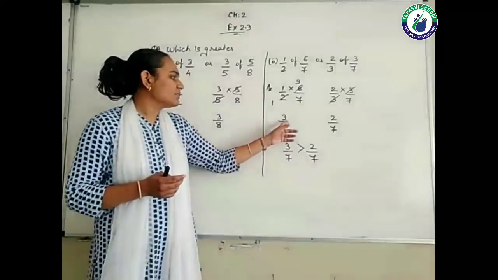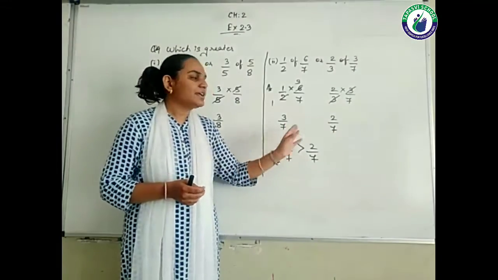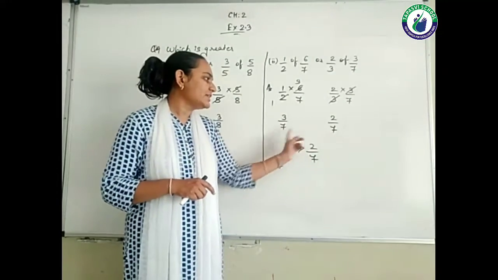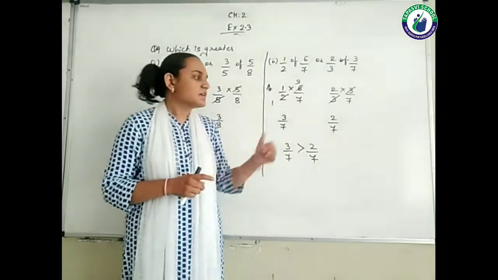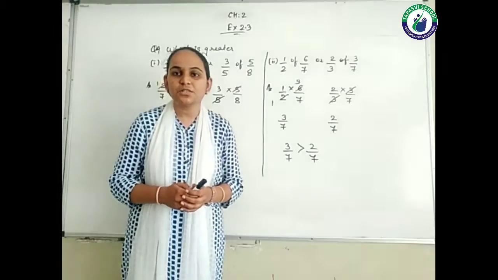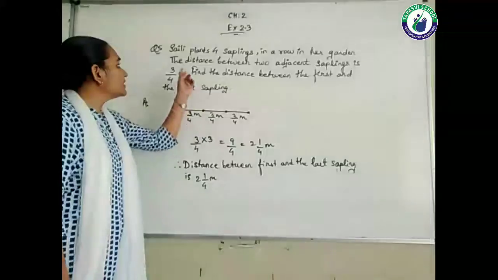But obviously this one will be greater, right? Or else you can even do the cross multiplication: 3 sevens are 21 and 7 twos are 14. So 21 is greater, so this particular fraction is greater. Is it okay, students?